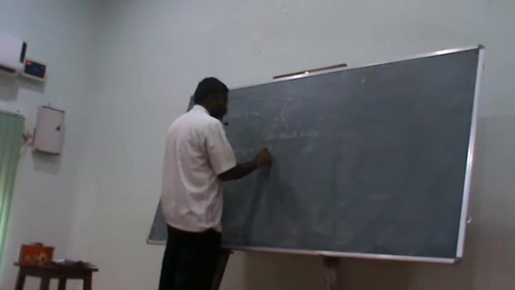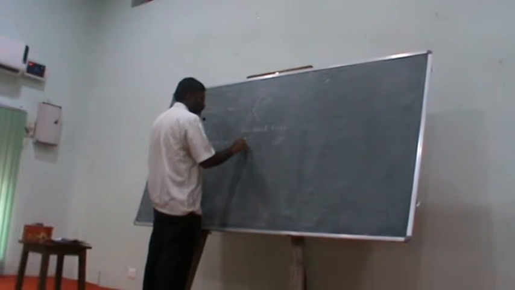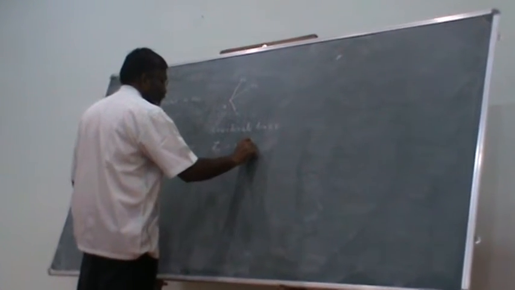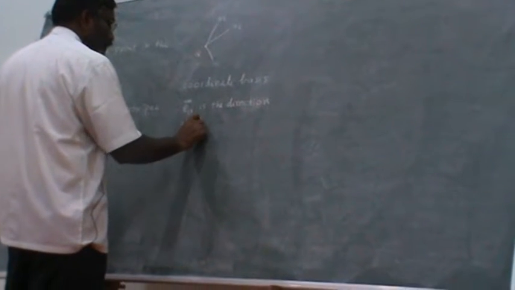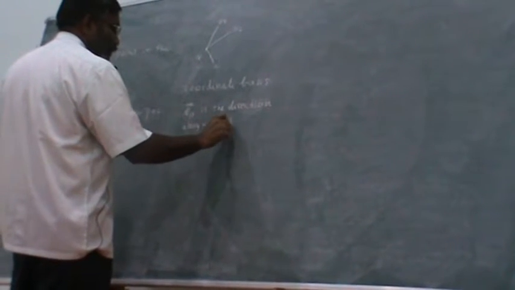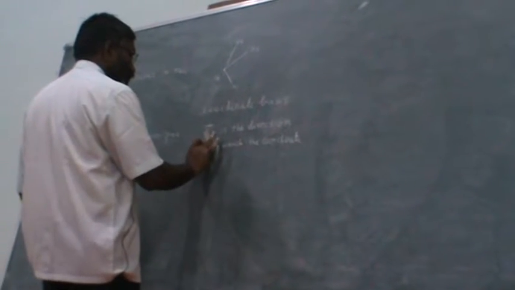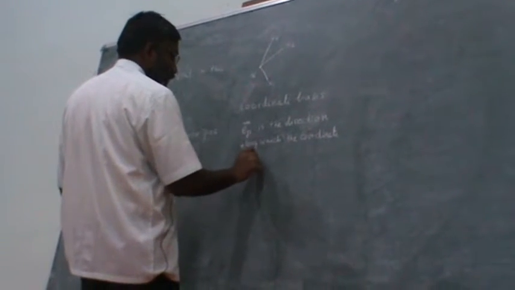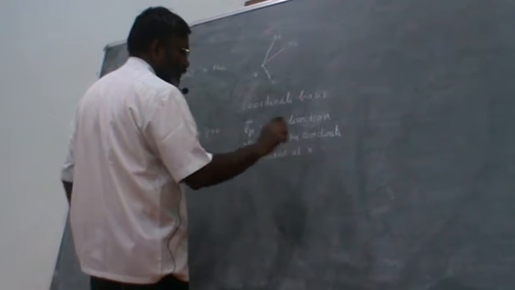Okay, so E1 at x is the direction along which the coordinate x1 increases, so generally let me put it as Ej at x, the direction along which coordinate xj increases at x.